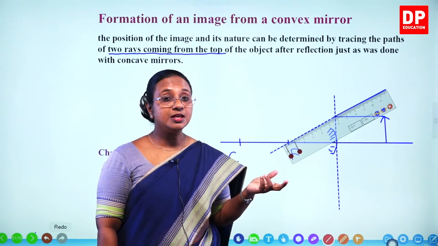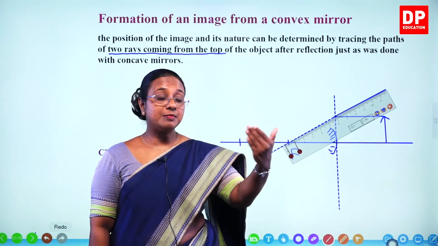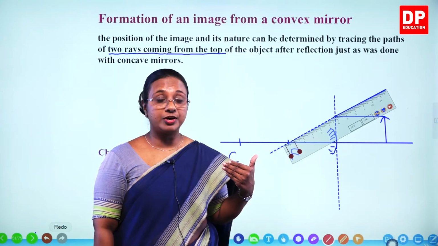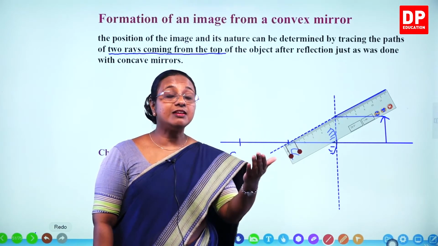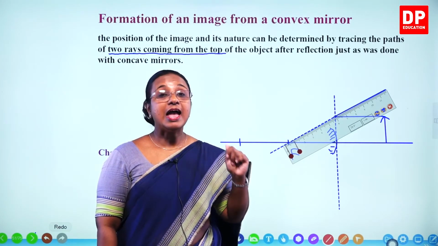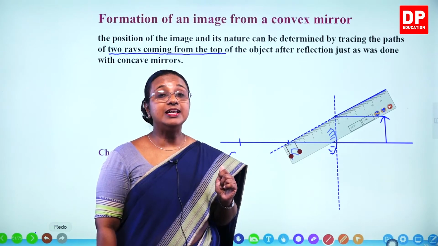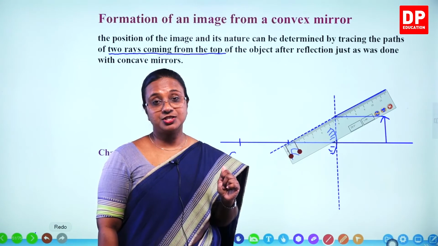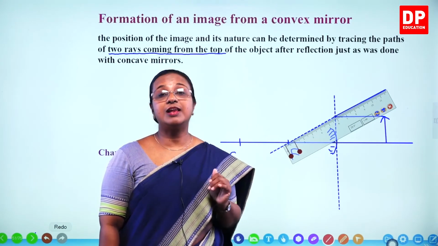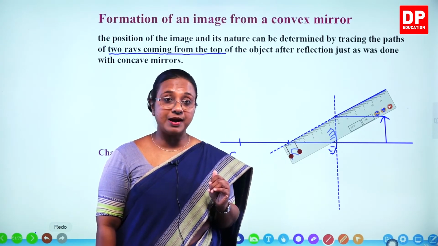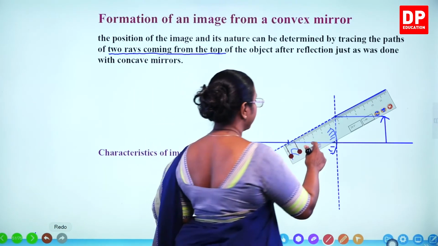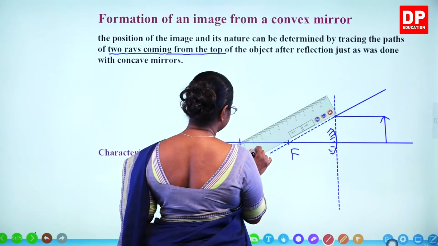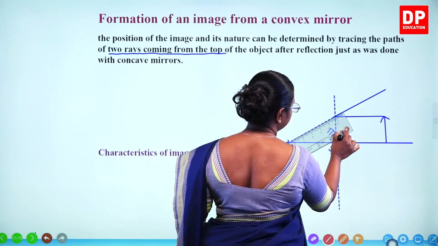A ray that is coming towards the focal point will reflect parallelly, and also a ray that is coming towards the center of curvature will be reflected back in the same path.